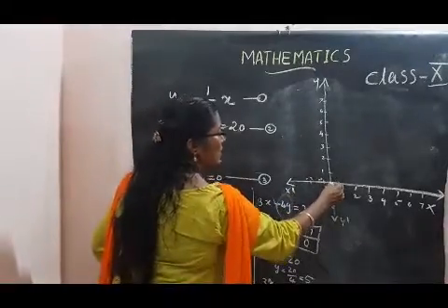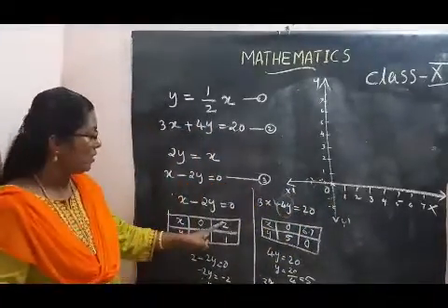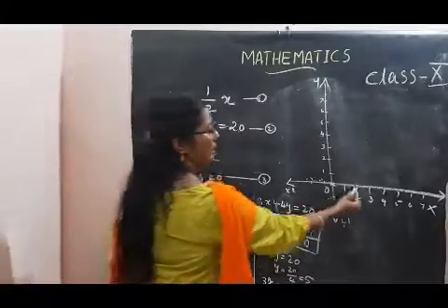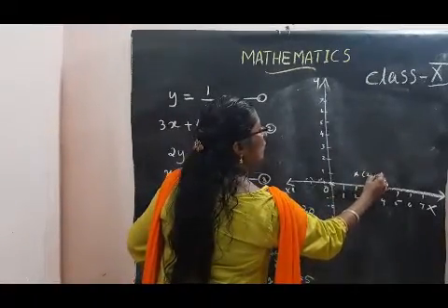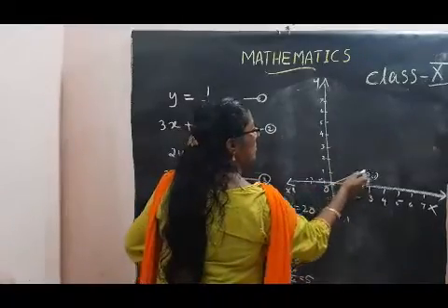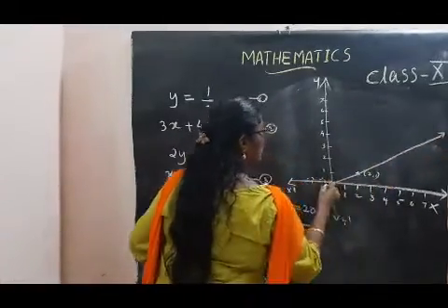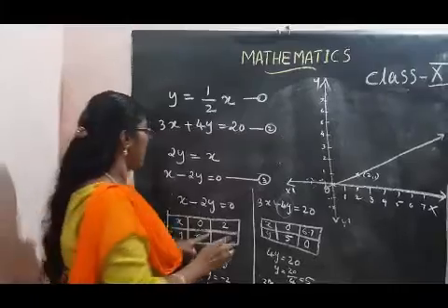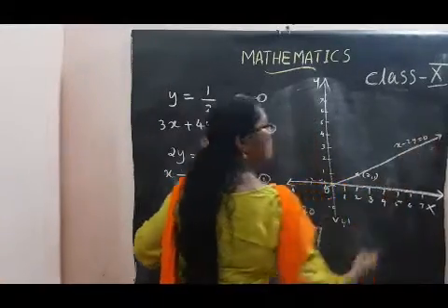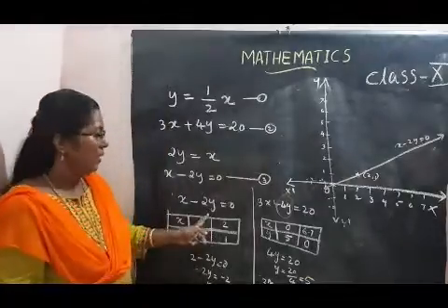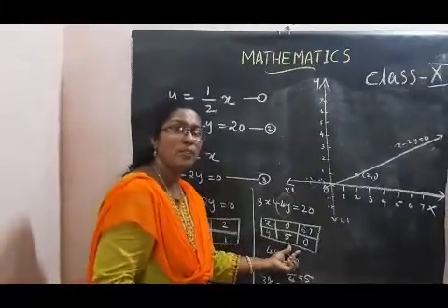And the second coordinate is 2, 1: x axis 2 and y axis 1. This is 2, 1. Okay. Join these two points. We get a straight line. This equation is x minus 2y equal 0.